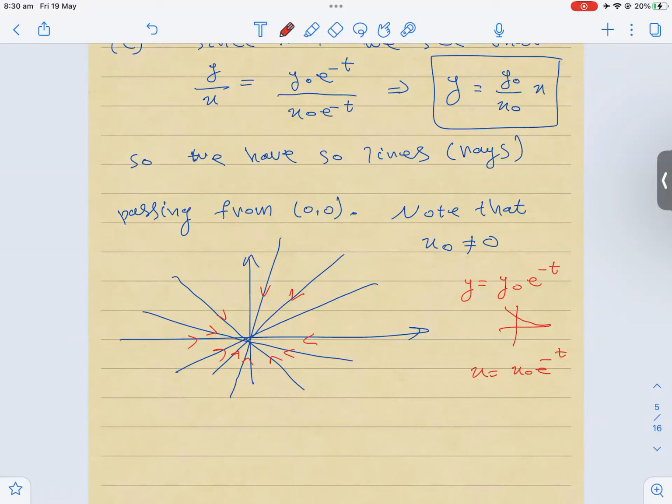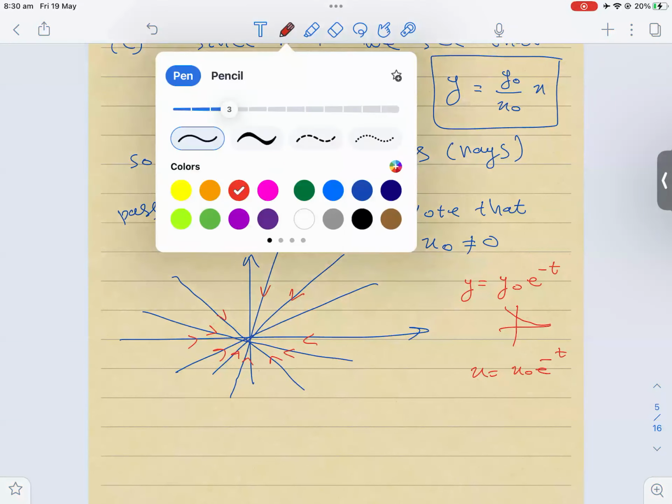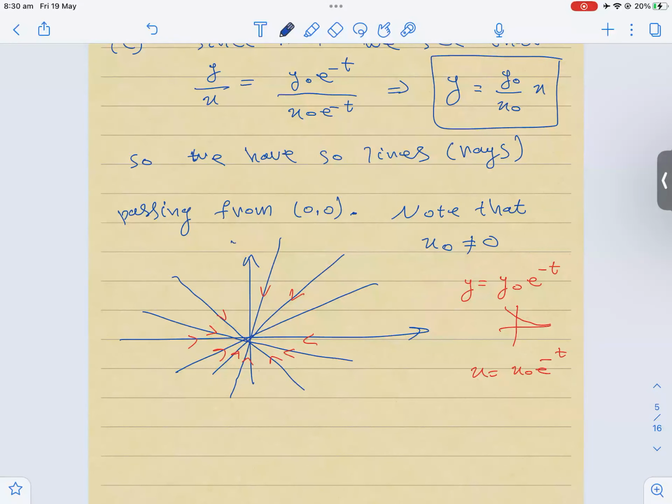Now, what if x0 equals 0? This is y, this is x. If x0 is 0, then x equals 0.